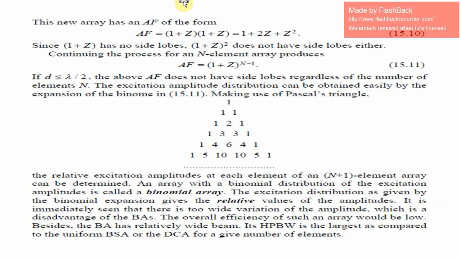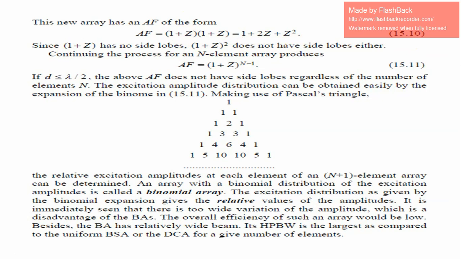Expanding 1 plus z times 1 plus z gives 1 plus 2z plus z squared. This is equation 15.10. Since 1 plus z has no side lobes, there is no question that 1 plus z squared does not have any side lobes.